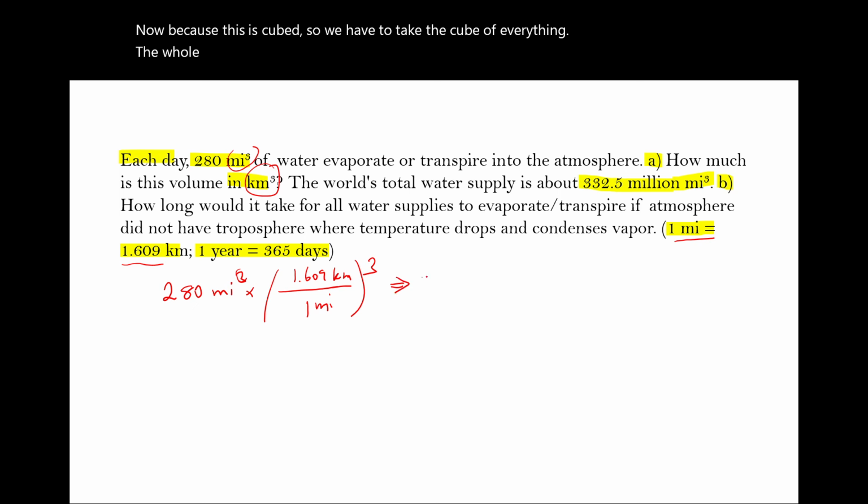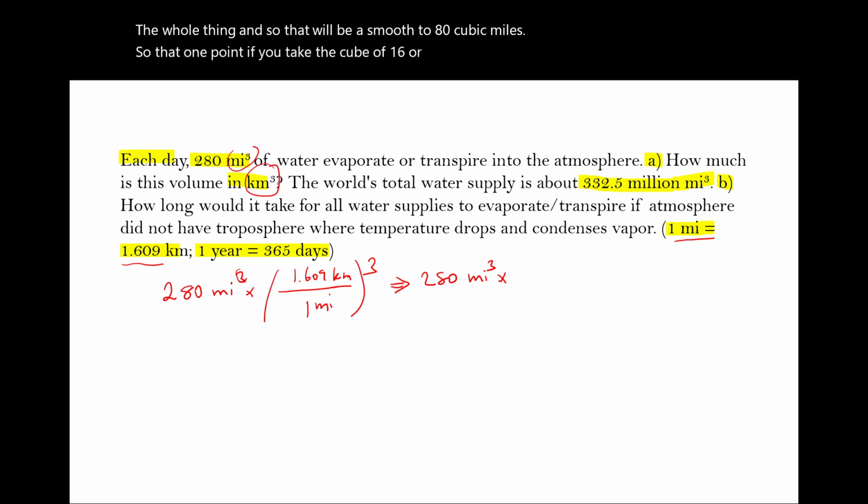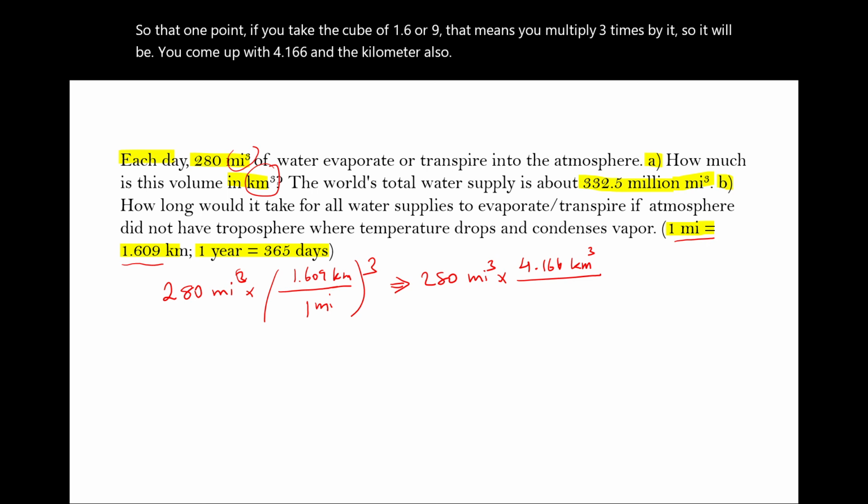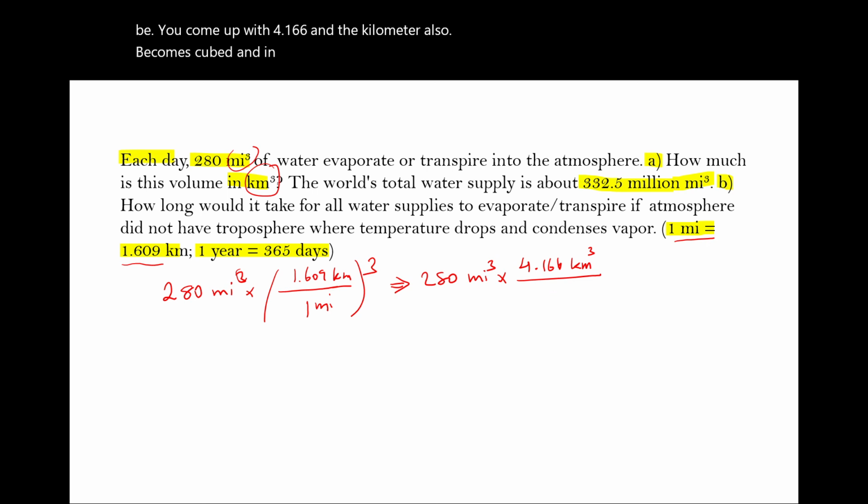So that will be 280 cubic miles, and if you take the cube of 1.609, that means you multiply it 3 times by itself, you come up with 4.166, and the kilometer also becomes cubed. In the denominator, you take the cube of miles, cubic miles.